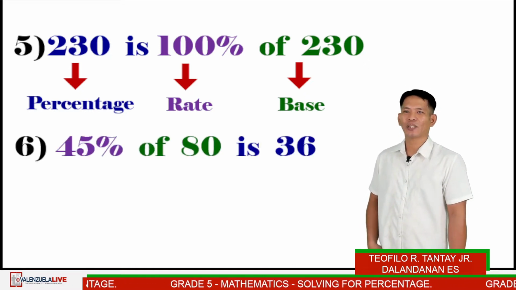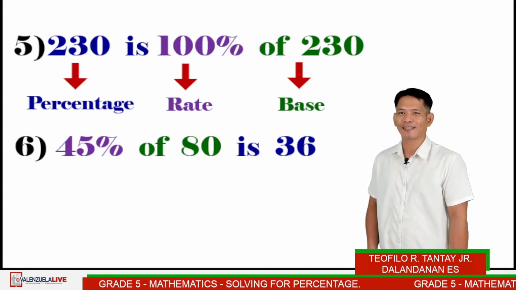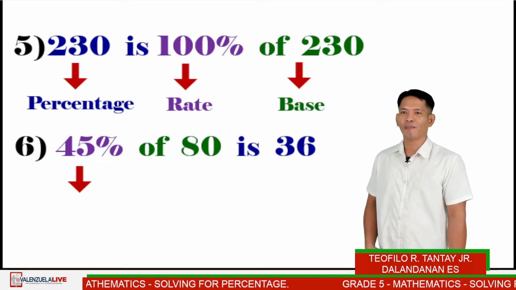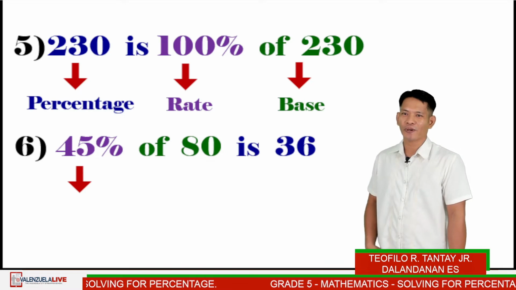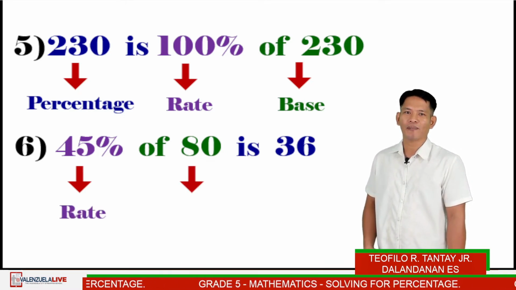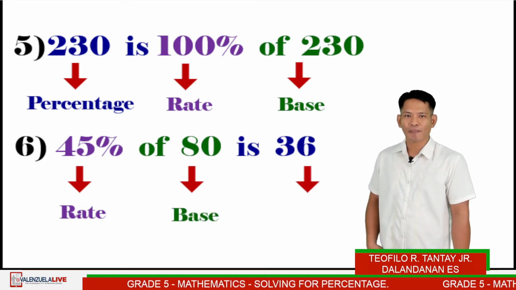How about the last one? 45% of 80 is 36. 45% is the only number in number 6 that has a percent symbol. Therefore, 45% is the rate, 80 is the base, and 36 is the percentage.